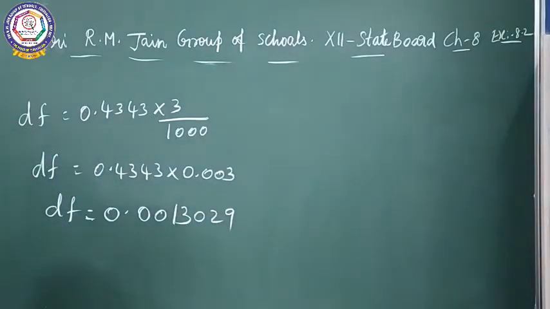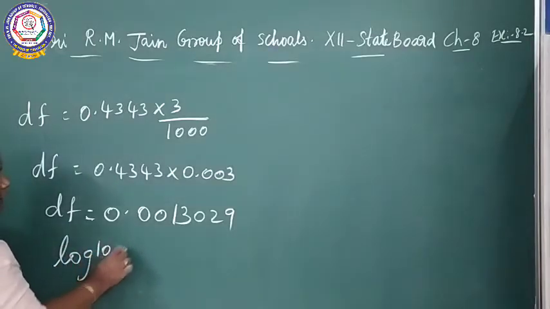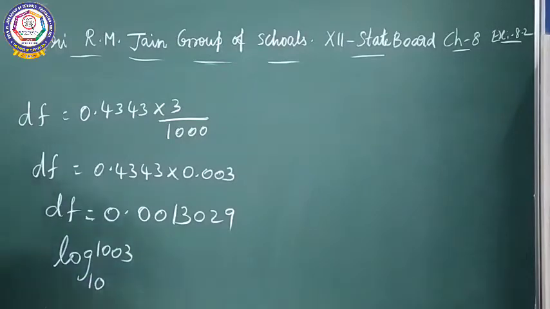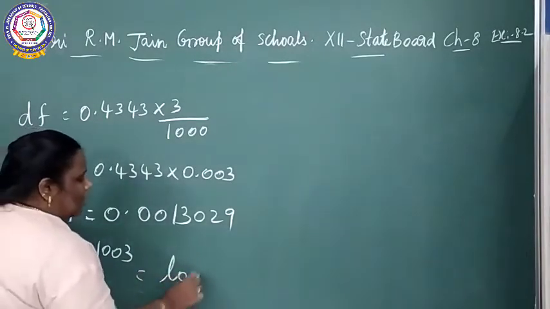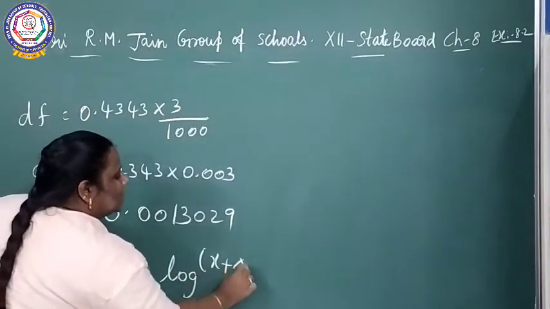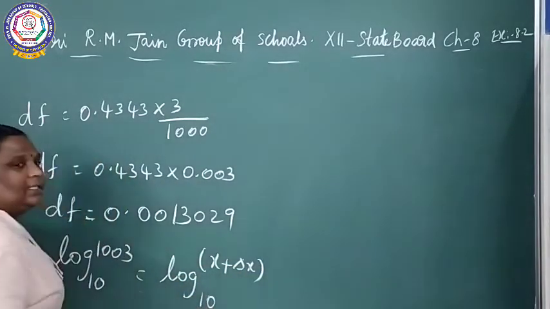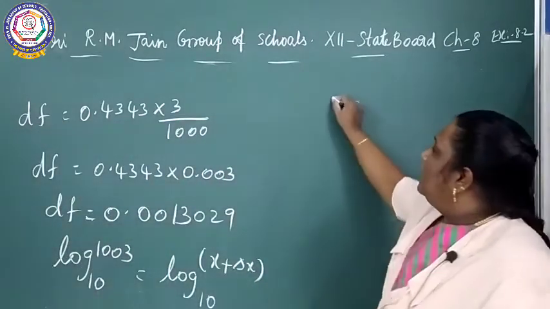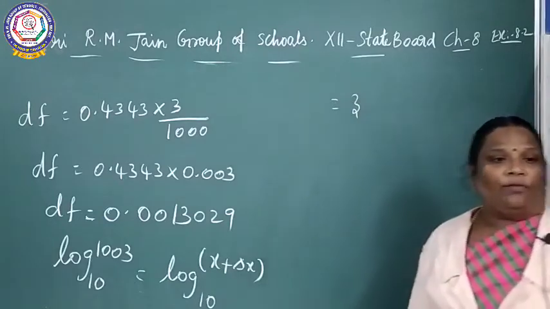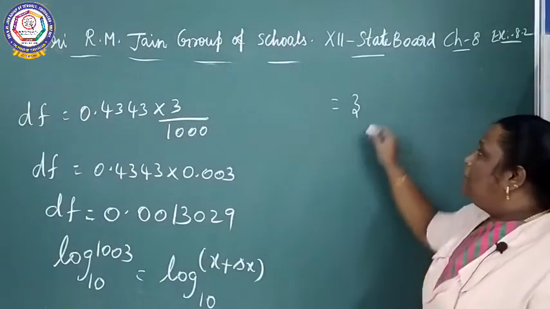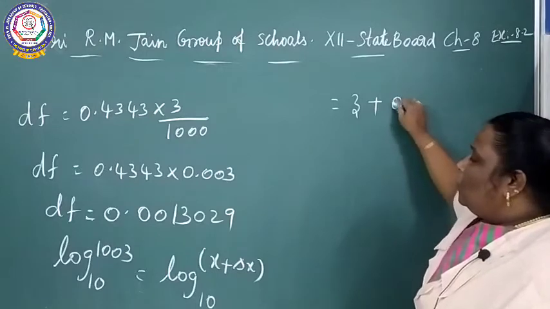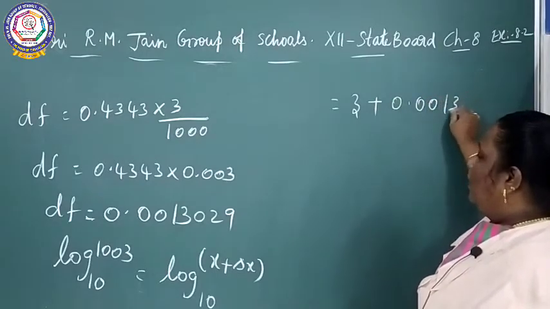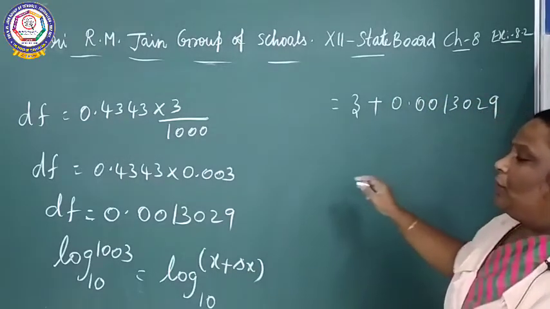So what is the first one? You should find out the value of log of 1003 base 10. It gives log of x plus delta x base 10. What is the value for this? See here, x value is 3, f of x plus delta f is 3 plus 0.00130229.